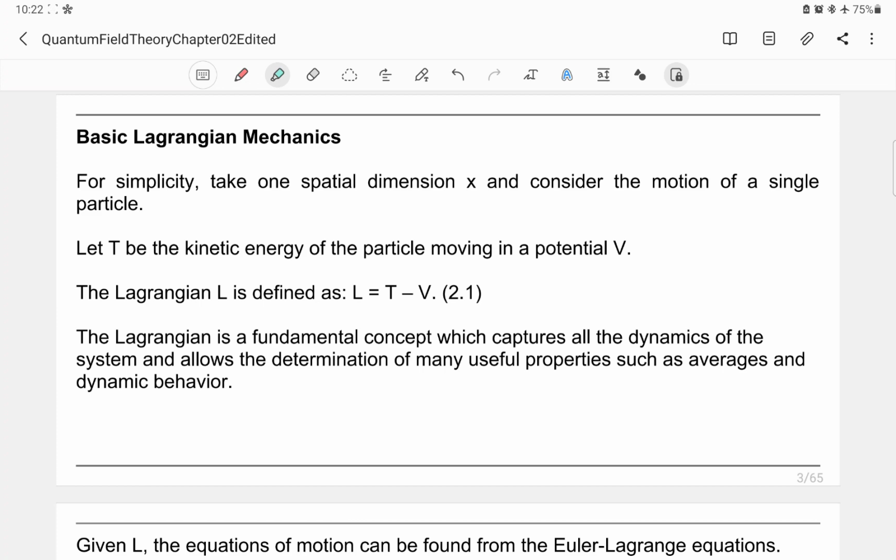The Lagrangian is defined as T minus V. The Lagrangian is a fundamental concept which captures all the dynamics of a system and allows the determination of many useful properties, like averages and the dynamic behavior of the system. Those are what make the Lagrangian helpful to our study.